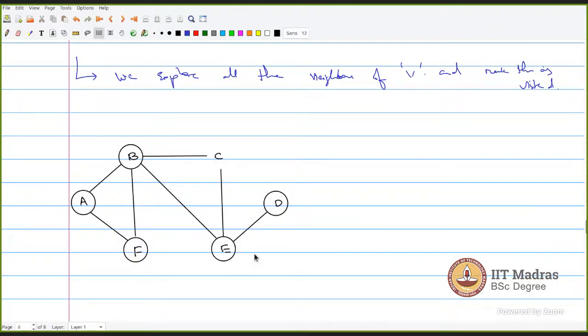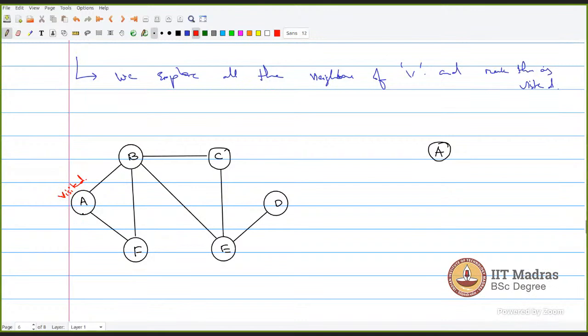Okay. So I wanted to explore this particular graph starting from the vertex A. So I will take this vertex A in my BFS tree, and I will mark this vertex A as visited.